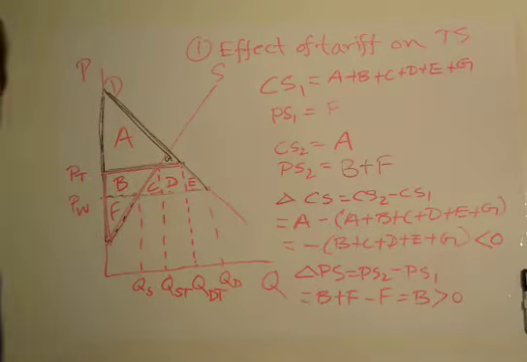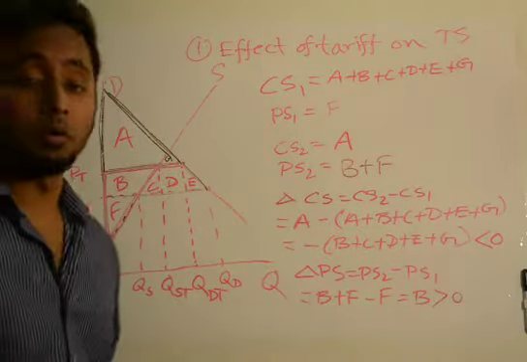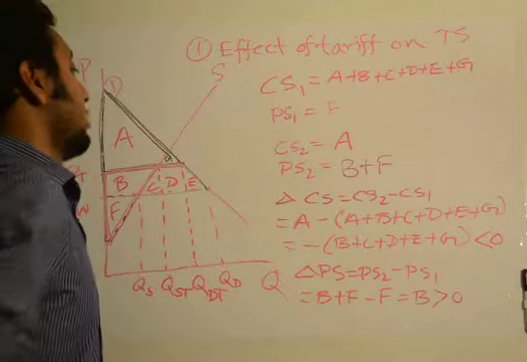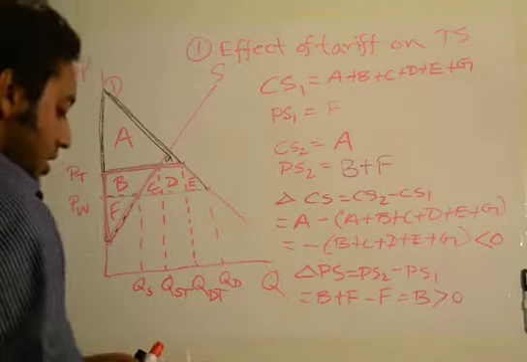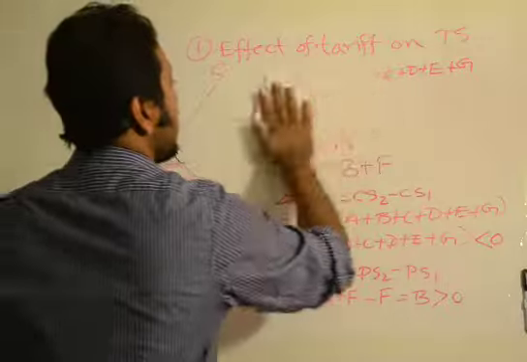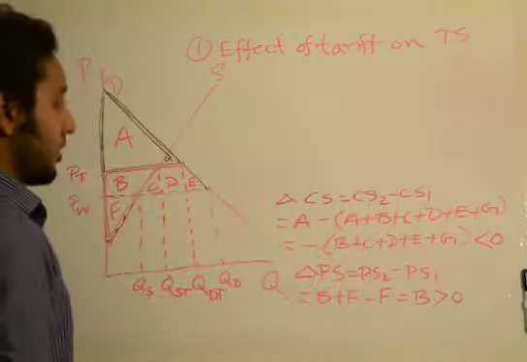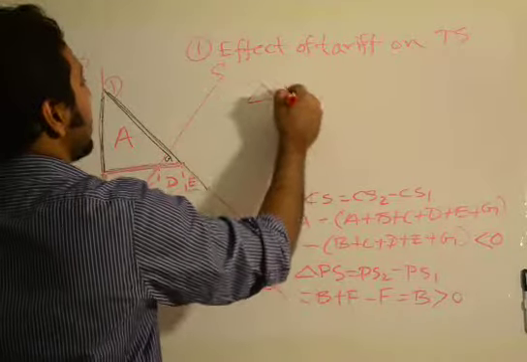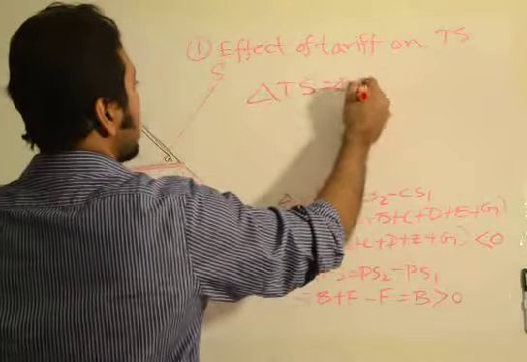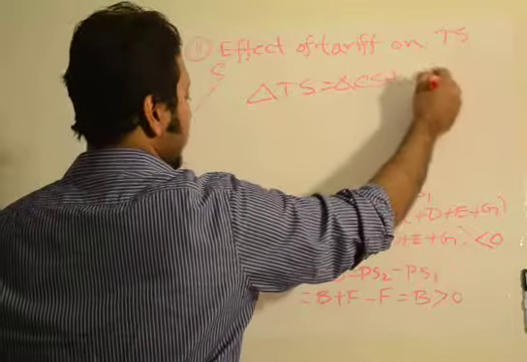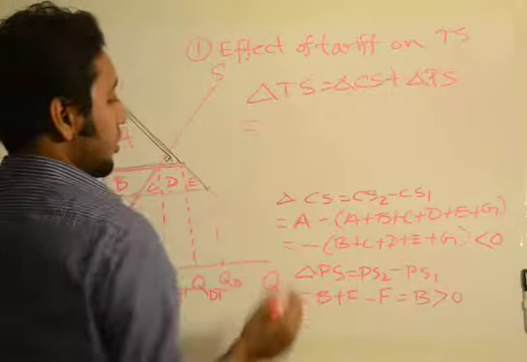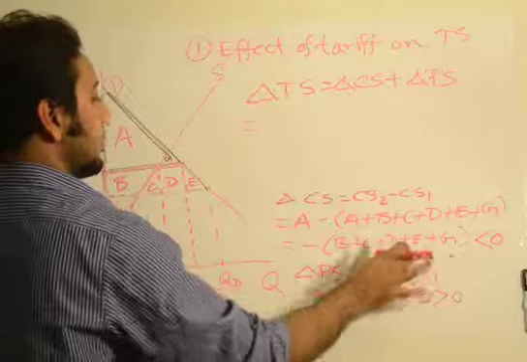Now let's have a look at the change in total surplus. To do that, we have to take the summation of change in consumer surplus and change in producer surplus. So change in total surplus, del TS, equals del CS plus del PS. Okay, so we have this negative thing here.